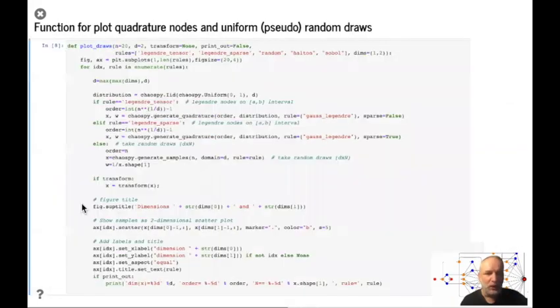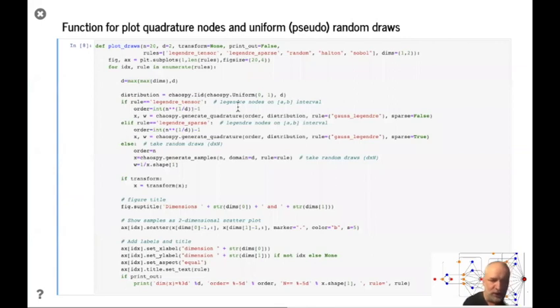Okay, so here's how it's implemented. Here's the code you find in the GitHub, and there are just different rules. We've implemented the rules you saw in the picture. You can vary the number of draws and the number of dimensions. You can make a transformation, and we're going to use that later. We want to take these uniform draws and make them, for example, multivariate normal. We can do that, or we can print out the number of draws, and then we can look at particular dimensions.